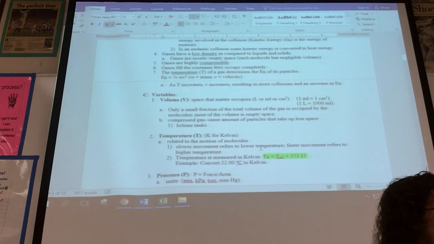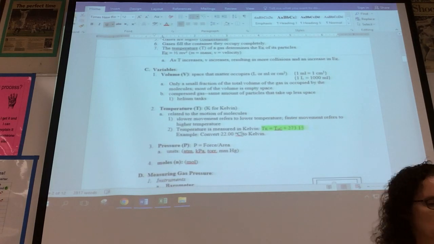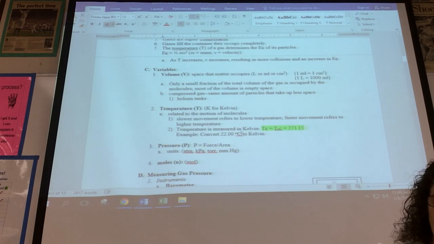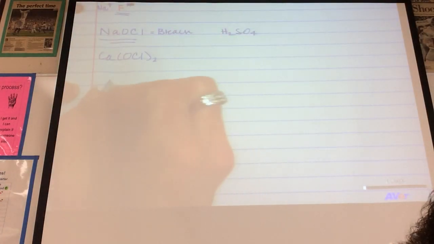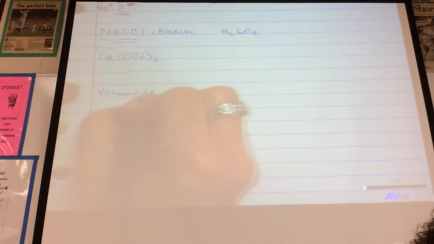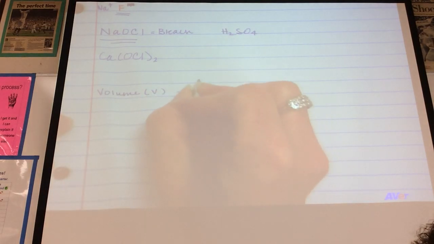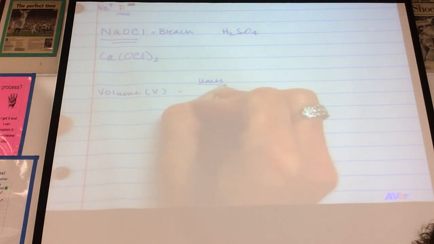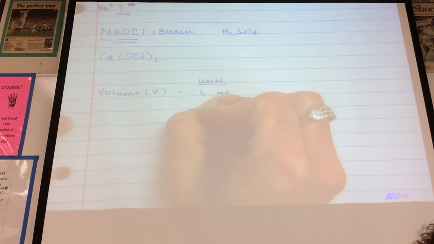The variables we are going to be looking at in this chapter are listed here. I want to point out a few key things. In regard to gases, variables we're going to be considering include volume, abbreviated capital V for volume, and the units for volume will be liters or mLs.